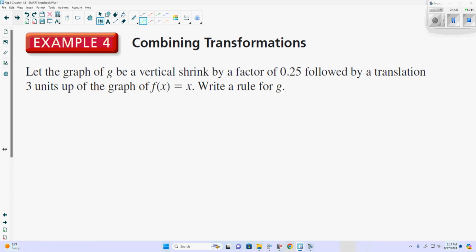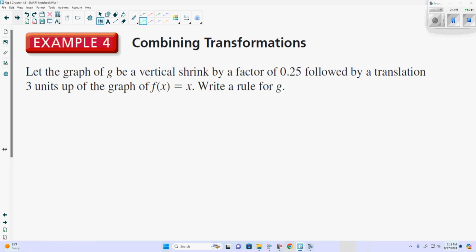Combining transformations: let the graph of g be a vertical shrink by a factor of 0.25, followed by a translation 3 units up of the graph of f of x equals x. We want to write a rule for g. So g of x is what they want the final one to be. Whenever we do multiple transformations, we're going to do them one at a time in the order that they're listed.